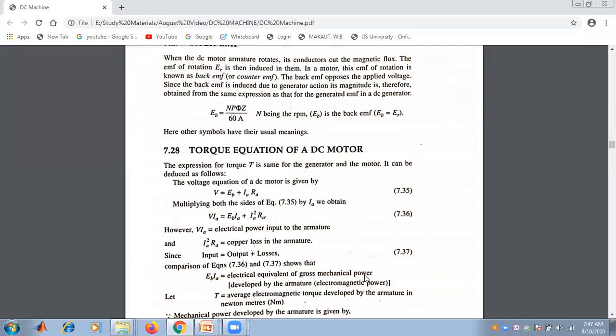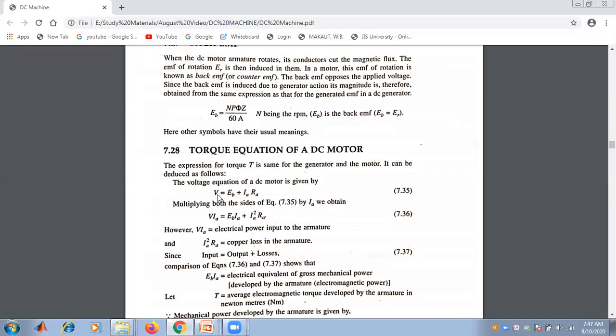Now we will discuss the torque equation of a DC motor. The expression for the torque T is the same for the generator and the motor. It can be derived because the voltage equation for a DC motor is, as we all know, V equal to Eb plus Ia Ra.